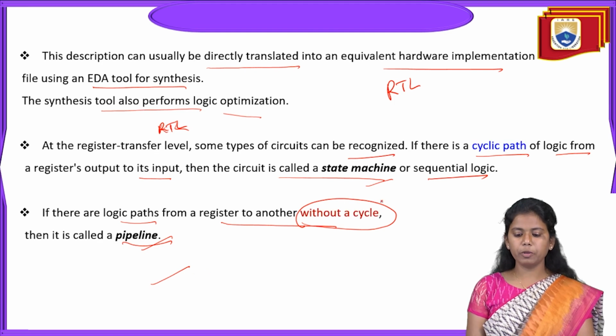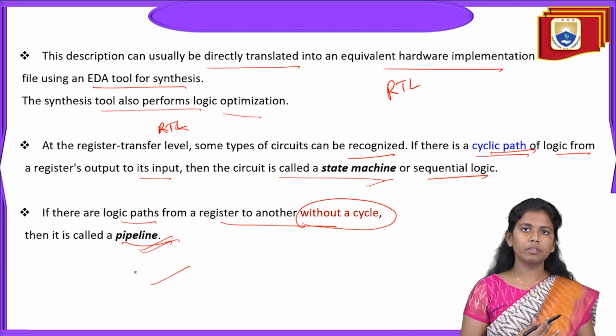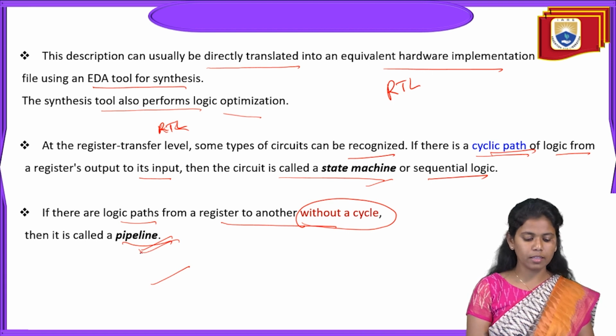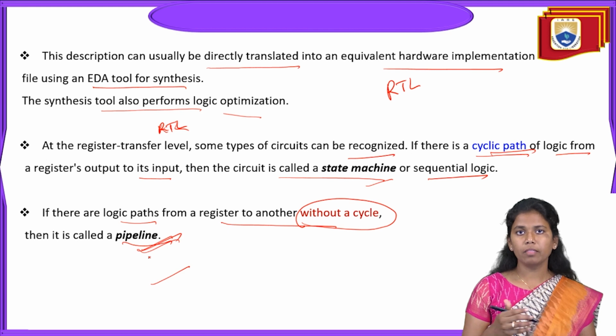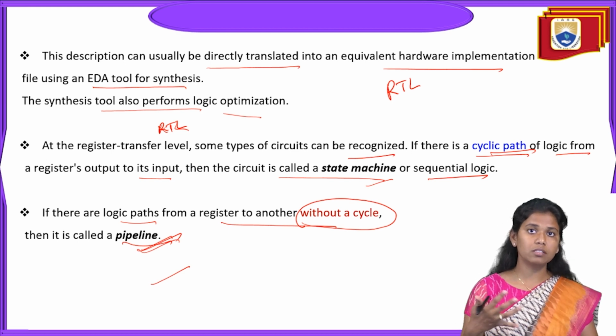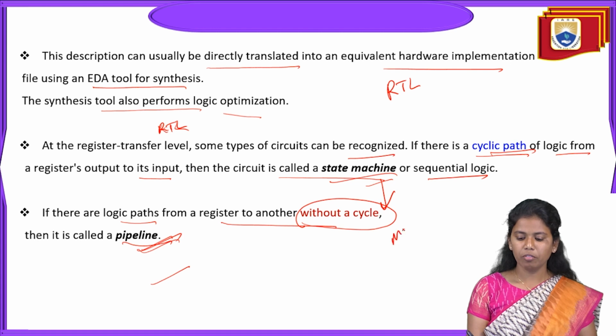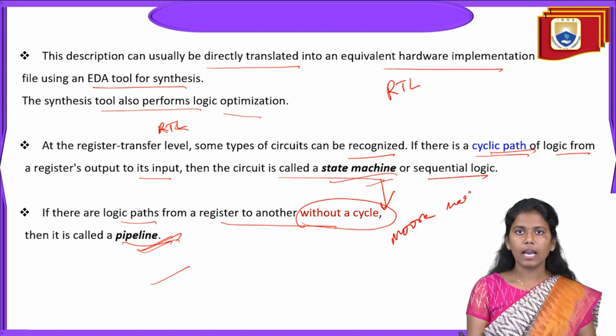There is a small difference between a design with a cyclic path and one without. If there is no cyclic path, we call it a pipeline. If you find any cyclic path or loops, such machines come under state machines or sequential logic. In state machines, we discussed the Moore machine and the Mealy machine.